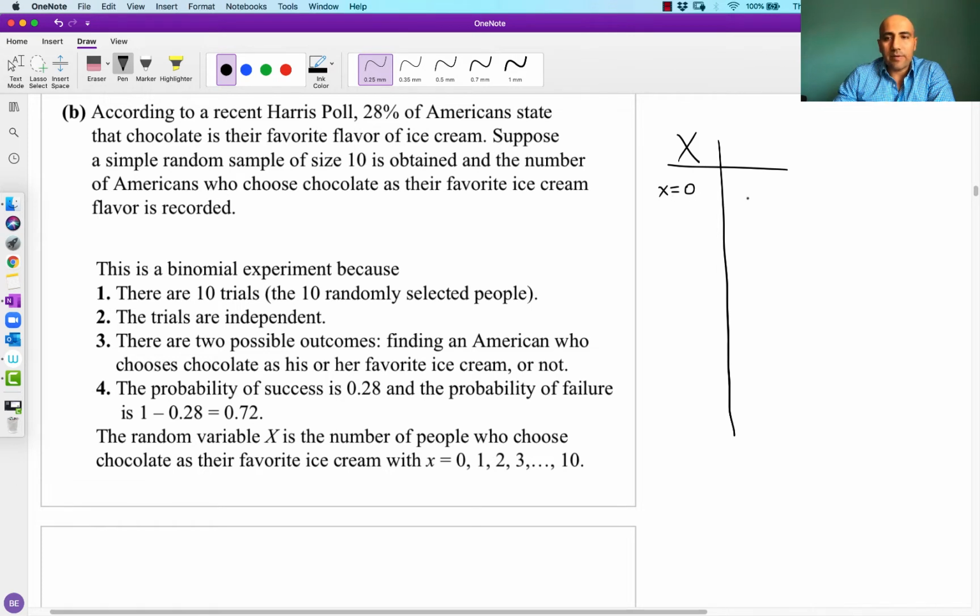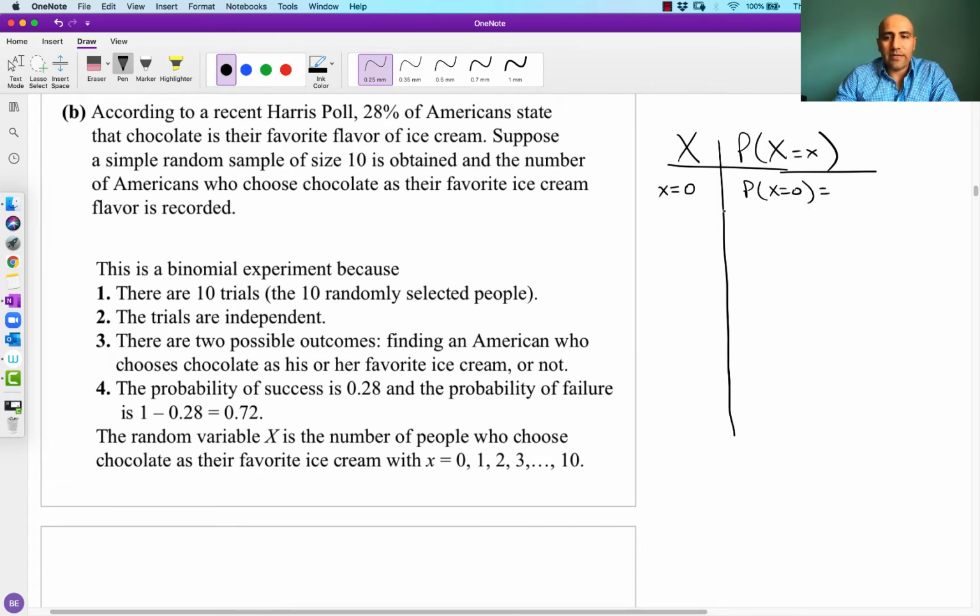0 out of the 10 people said that chocolate was their favorite, and then we want to figure out the probability of that. So we're going to have the probability of our random variable, and actually I guess the notation would say this. Capital X can take on one of these lowercase values. So it's the probability that X equals 0, for example, and we're going to figure that out.